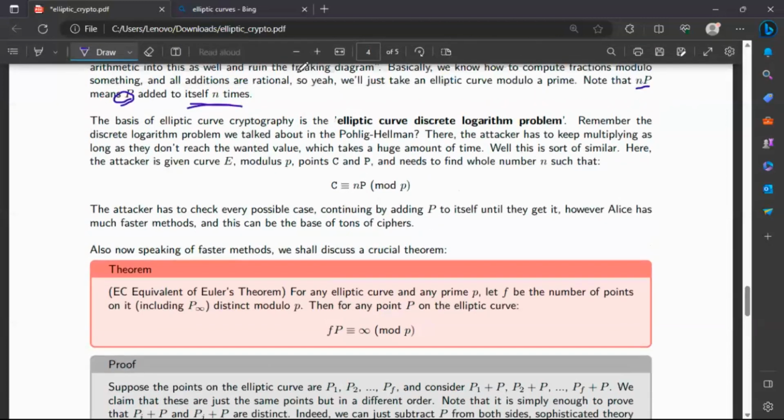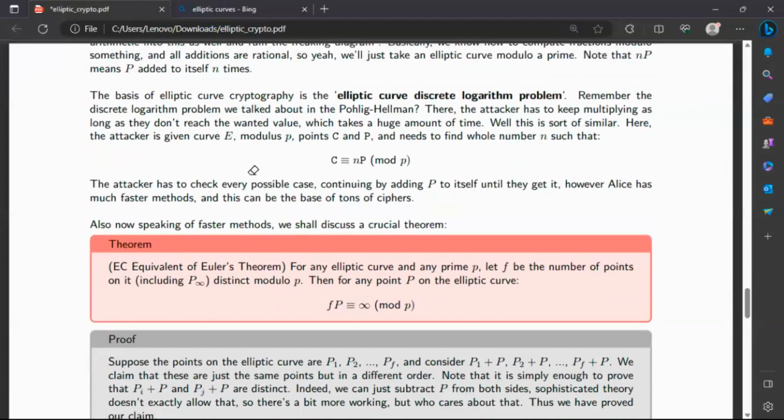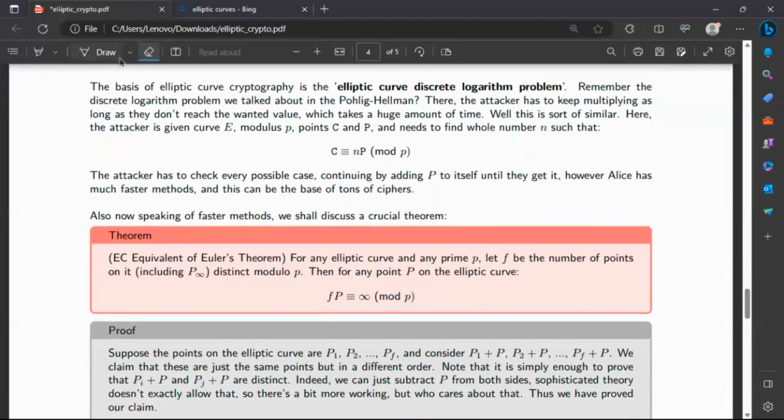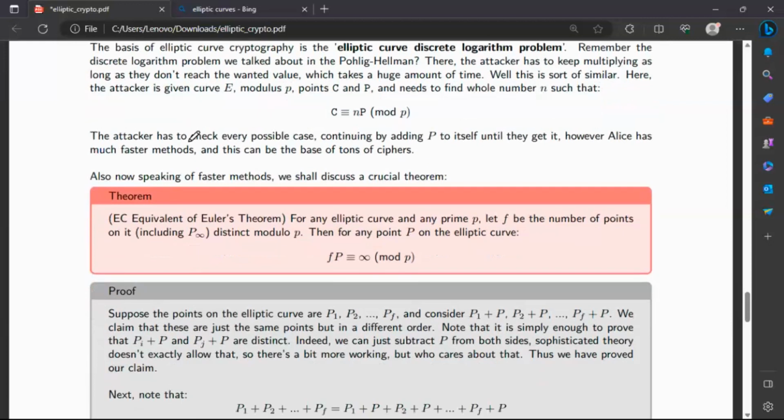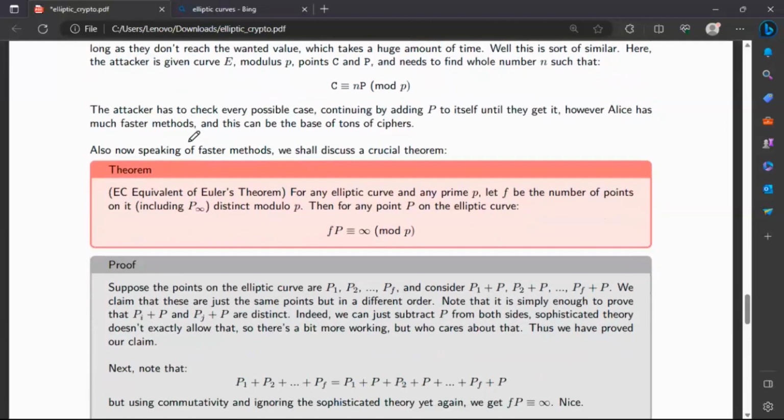The basis of elliptic curve cryptography now is the elliptic curve discrete logarithm problem. If we remember, the discrete logarithm problem we discussed was basically that the attacker has to keep multiplying and multiplying until they reach the wanted value, which takes a huge amount of time. This is similar. We have P and C. C is the ciphertext, P is the plaintext.